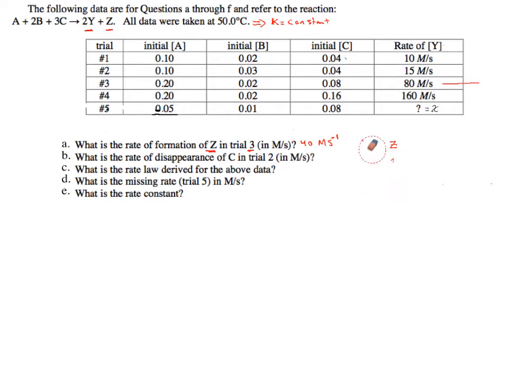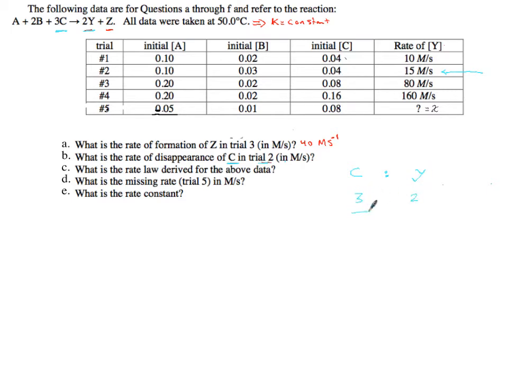Now let's just go after the next question. So the next question is saying, what is the rate of disappearance of C in trial number 2? So C in trial number 2. C is a reactant, Y is a product. I only have information about Y, the product. So this time I put C compared to Y, and we see it's 3 to 2.